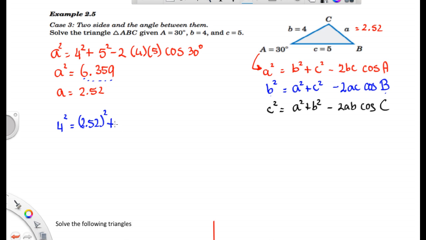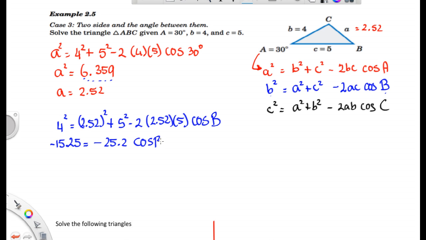So it's a squared plus c squared, which is 5 squared, minus 2 times a times c times the cosine of b. If you do the math here, so if you square this and square that and you add it and subtract it on this side, you should get a negative 15.25 equals, and then over here you get a negative, and when you do 2 times 5 you get 10 obviously, so that's minus 25.2 times the cosine of b.